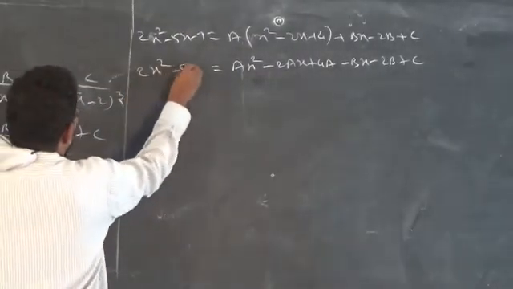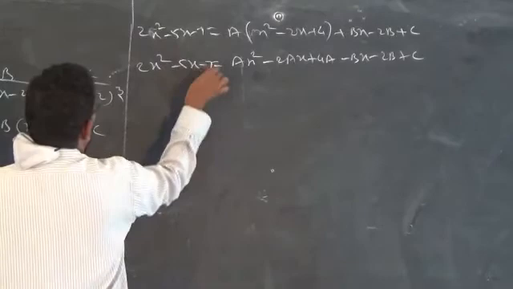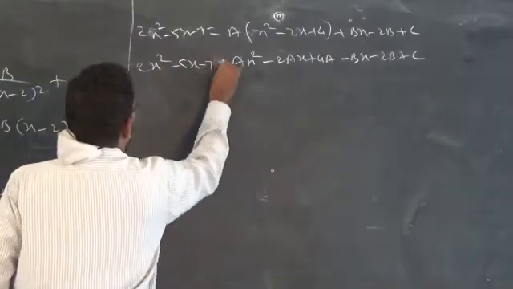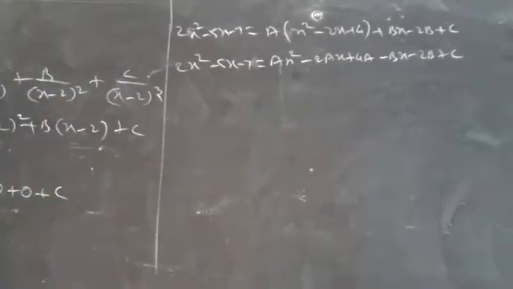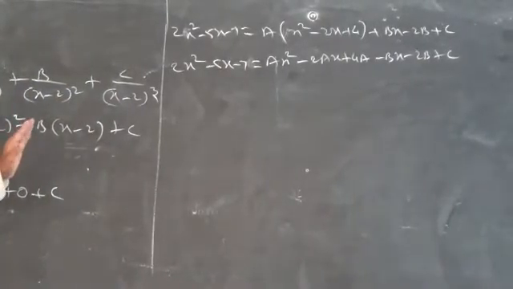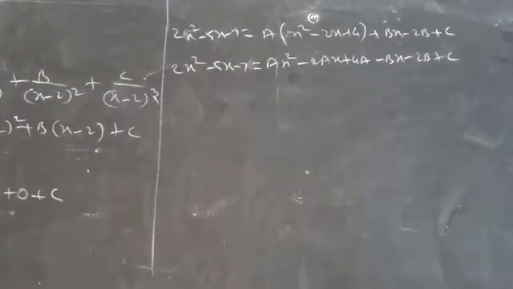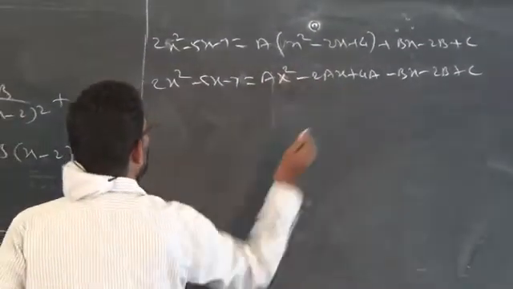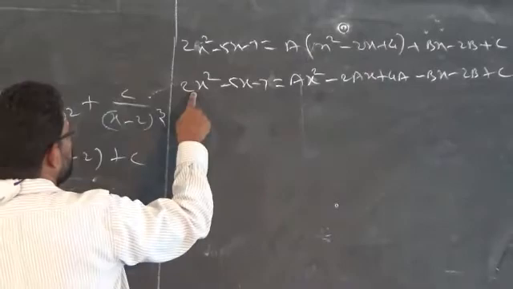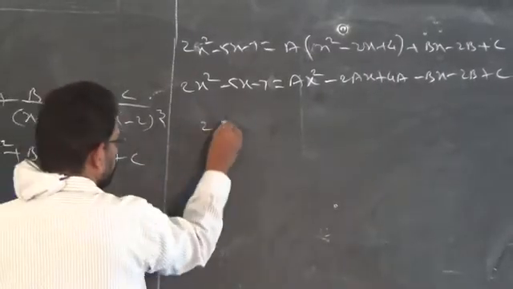Now compare the coefficient of x square on both sides. What is the coefficient of x square on the left side? 2.